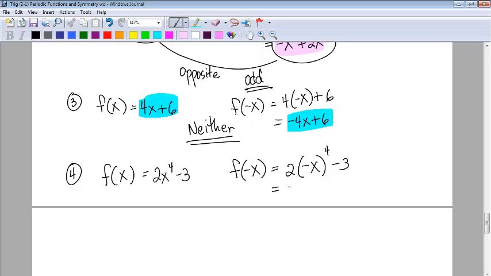So negative to the fourth is positive. Okay, and then compare this y value with this y value. Same, opposite, or neither? Same. So this one is the same, so it is even. This one is even. That means this one would be symmetric with respect to the y-axis. Okay?